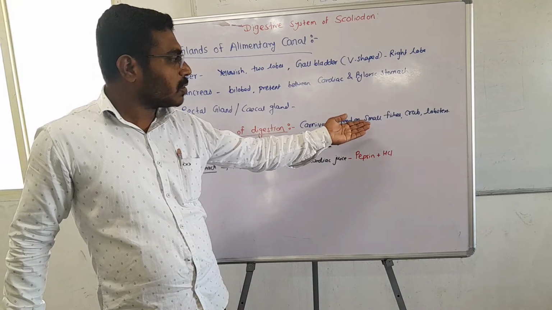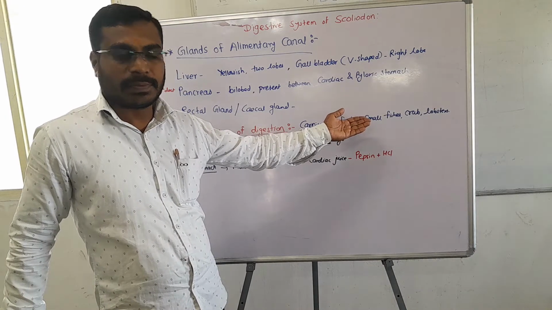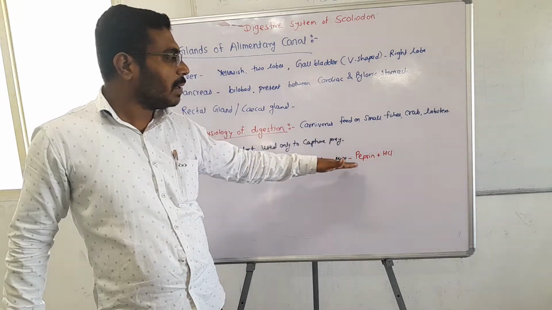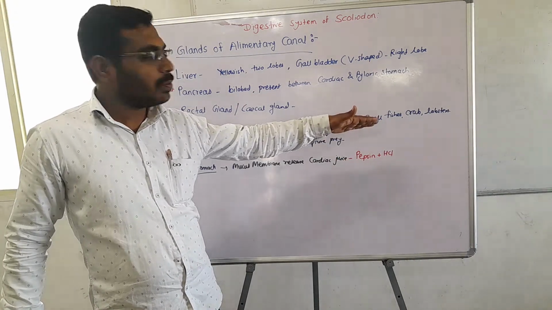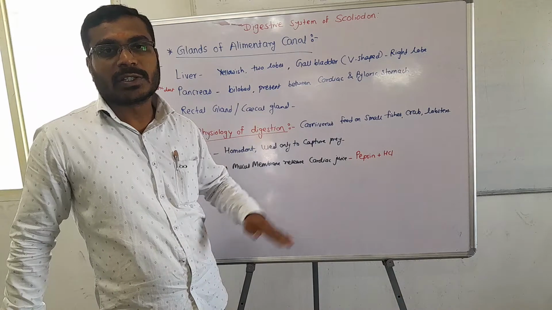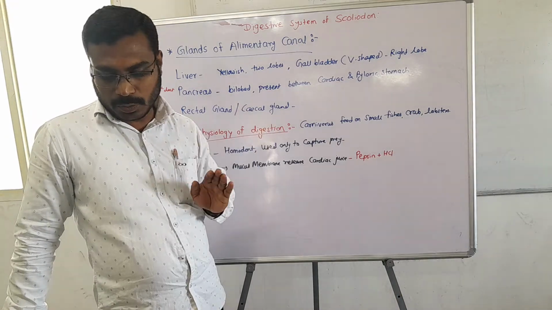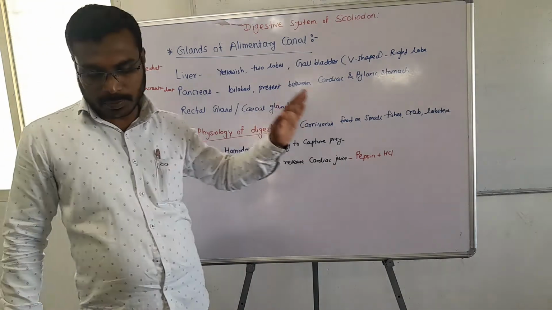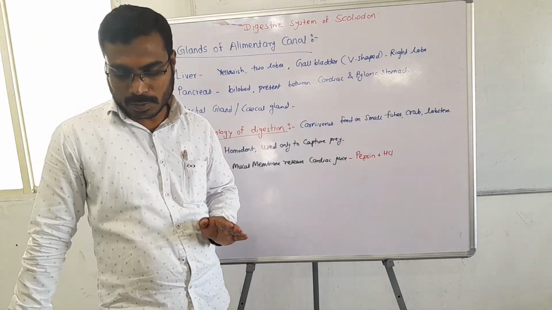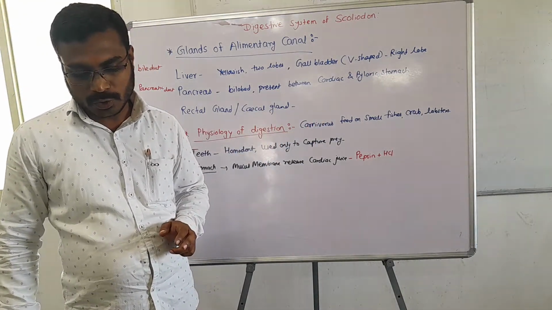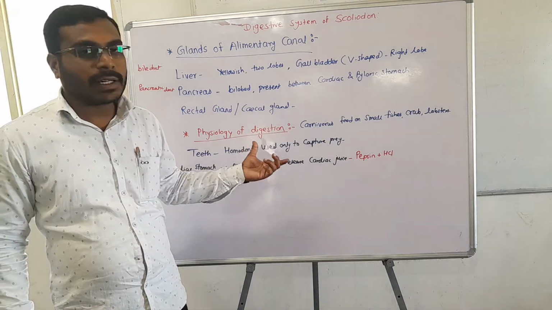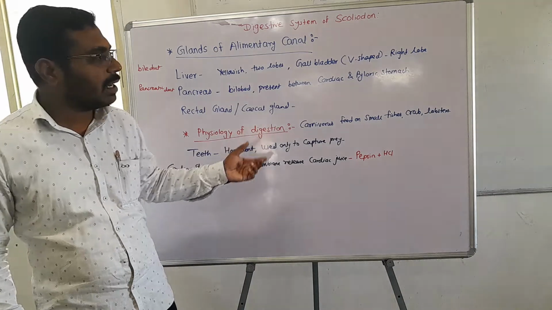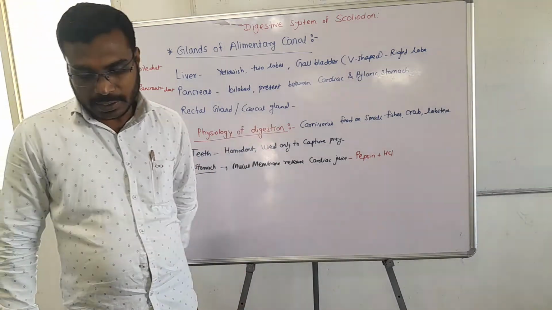As the food of Scoliodon is fish, which is mostly proteinous in nature, pepsin acts on such proteins and they are digested into proteoses and peptones. Simple molecules are formed. The gastric juice does not digest chitin. Chitin is hard to digest.